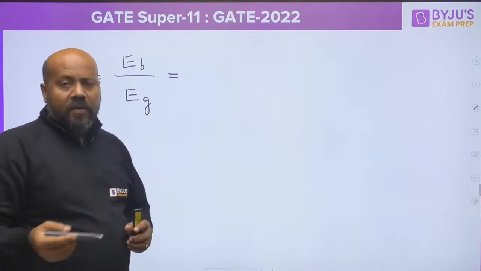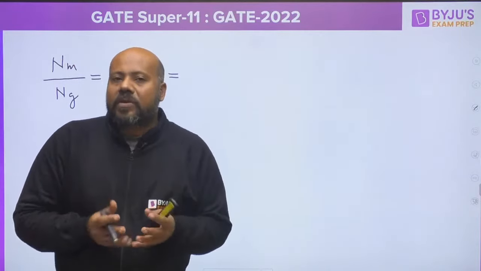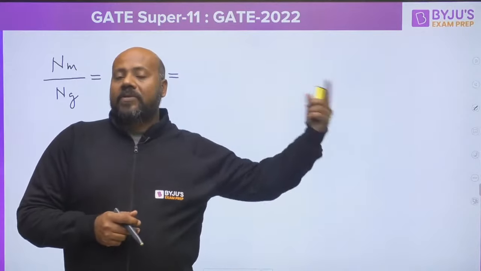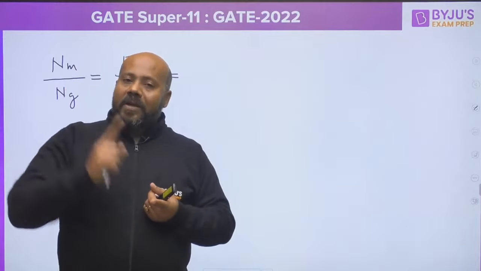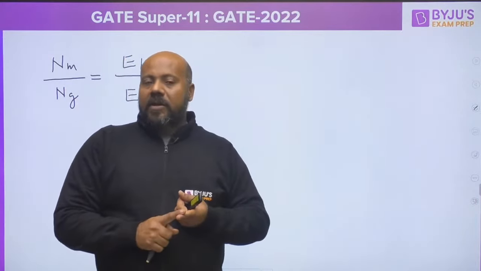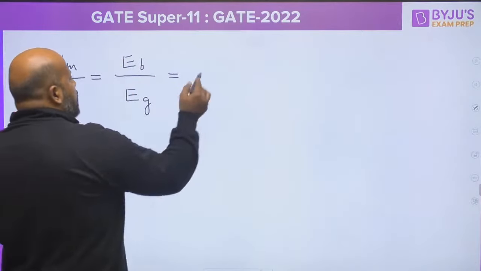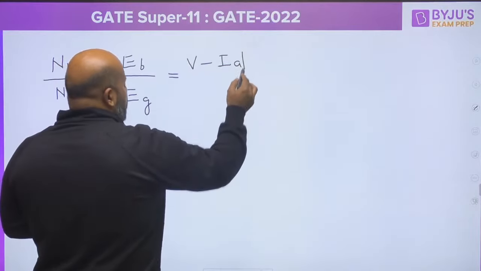Remember the source logic. In case of motor, what is the source? The source is supply. Supply is going to give you everything. What is supply going to give you in the armature circuit? Back EMF, voltage drop in the armature resistance and voltage drop in the brushes. So you are going to write back EMF as V minus IA Ra for the motor.